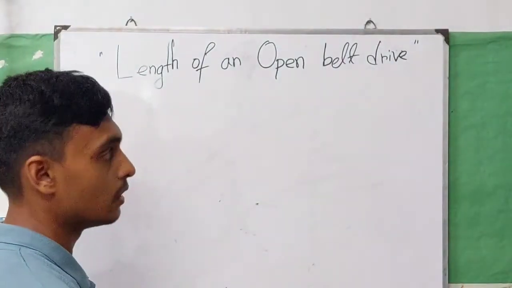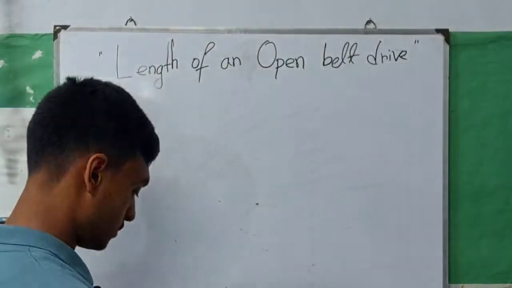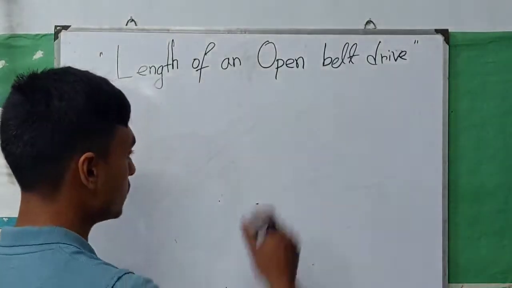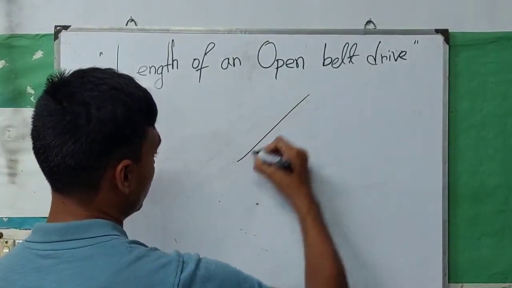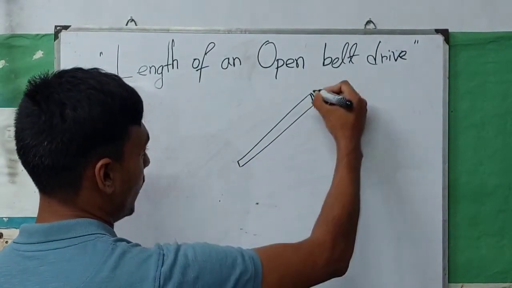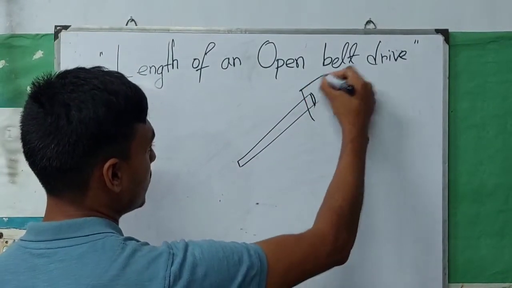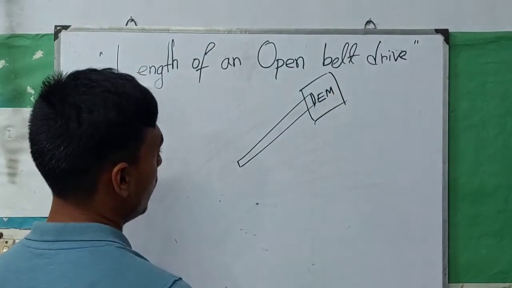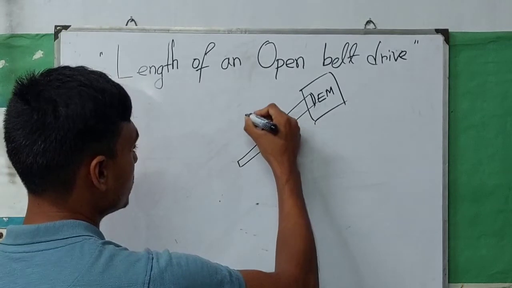So we are drawing a 3D picture of an open belt drive. That is our driving shaft, and it is connected with an electrical motor. EM means electrical motor, and it has a pulley.